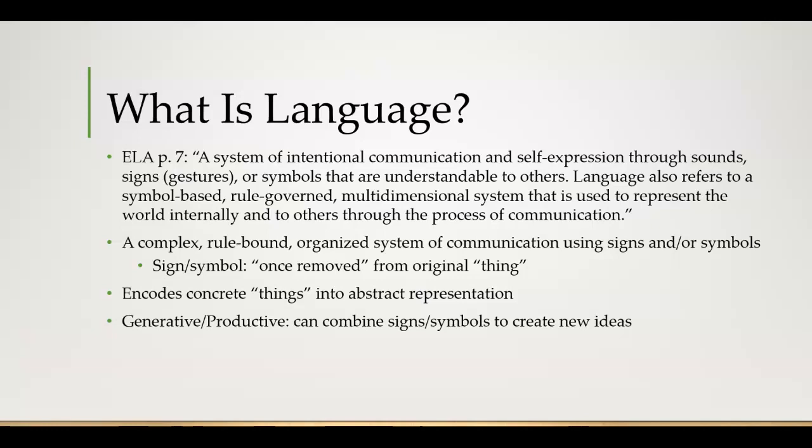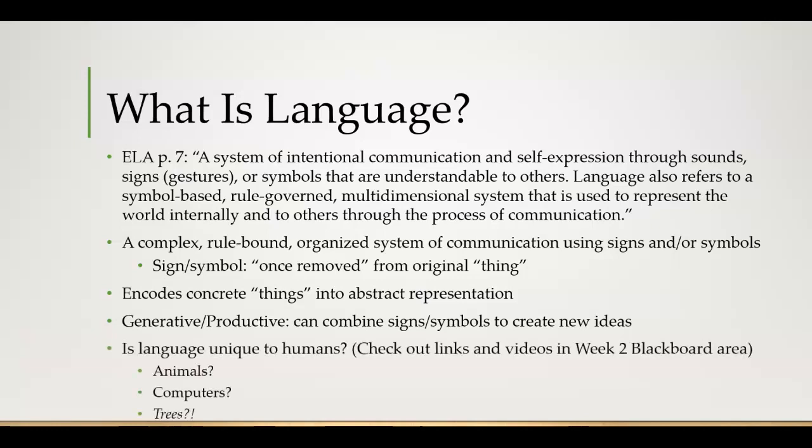We can take a system of signs and recombine them into different combinations and create new concepts. If this was a linguistics course, we'd have a whole module about how we can take the building blocks of language and reorder them to make new ideas. We'll be dealing with this soon when we get into the building blocks of literacy and talk about phonemes and graphemes and how we create words and ideas.